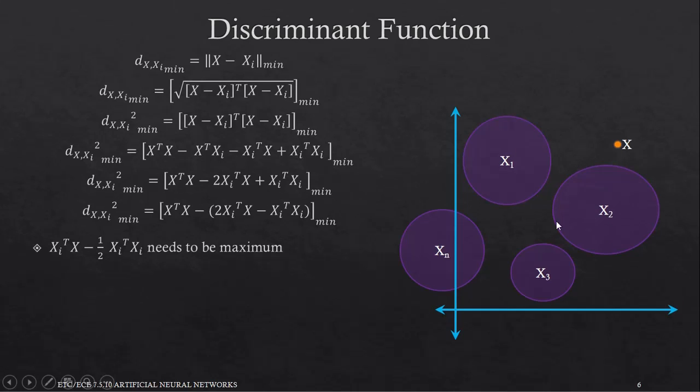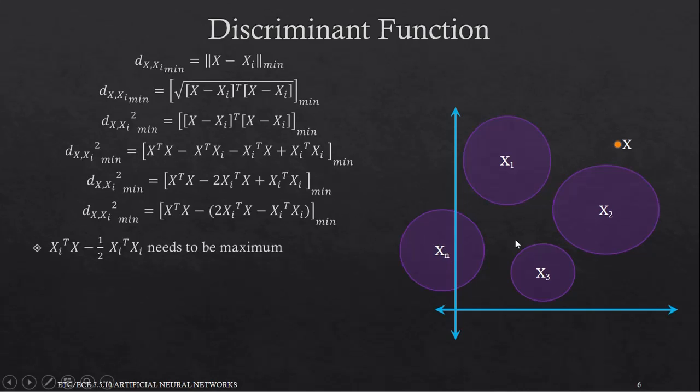Let x2 be the cluster centroid or the prototype point for class 2 pattern, and so on up till n classes. Now consider pattern x whose class membership we want to find. For this, we need to find the Euclidean distance between the pattern and each cluster centroid. We will say the distances are dx x1, dx x2 and so on up till dx xn.